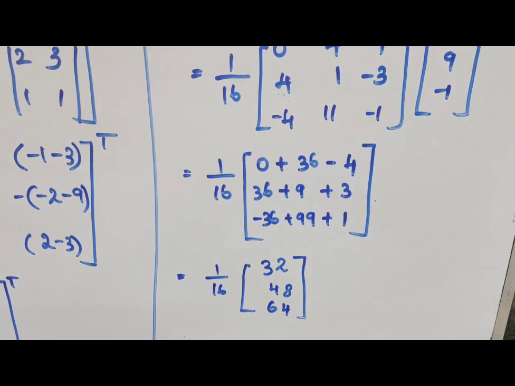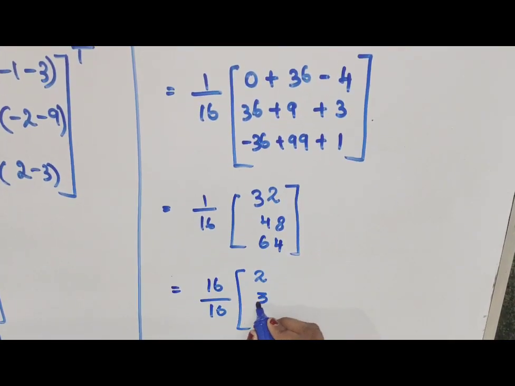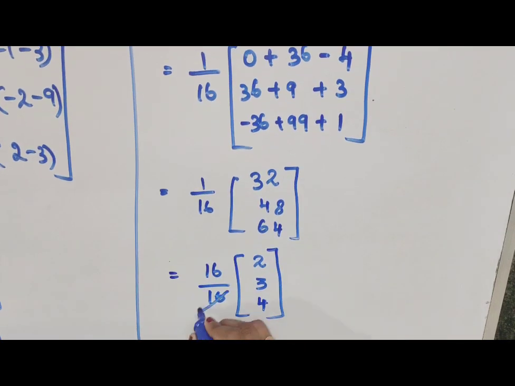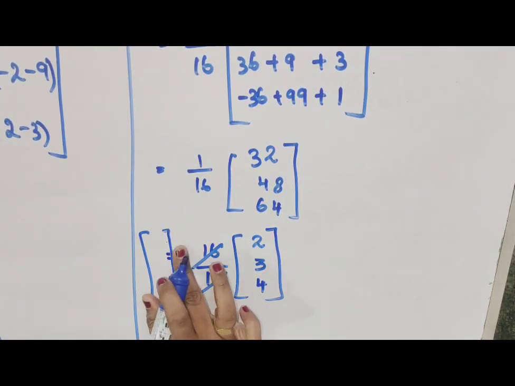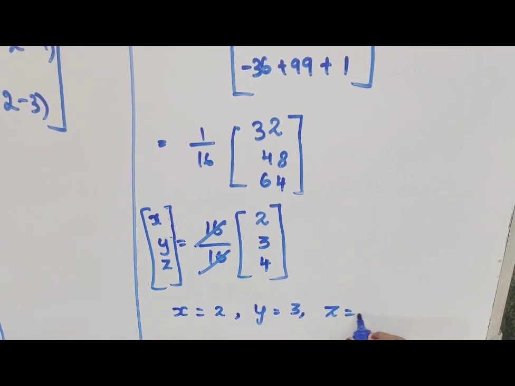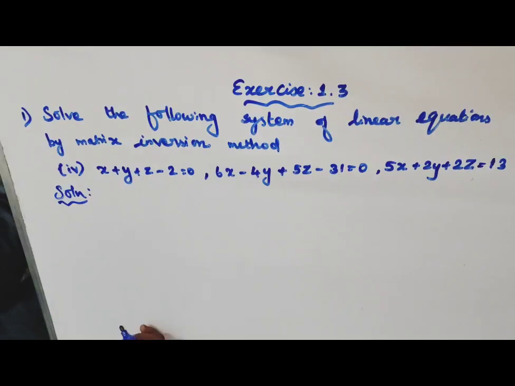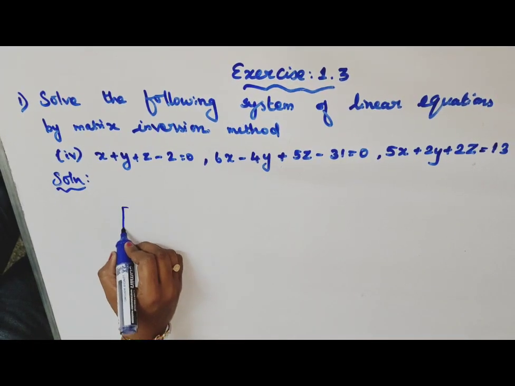If I take 16 in common, I will get 2, 3, 4. 16 and 16 we can cancel. In variable X we have x, y, z. Therefore we can say that the value of x equals 2, y equals 3, z equals 4.